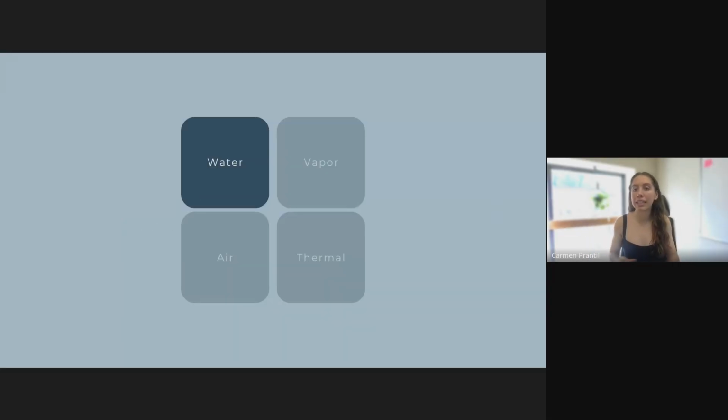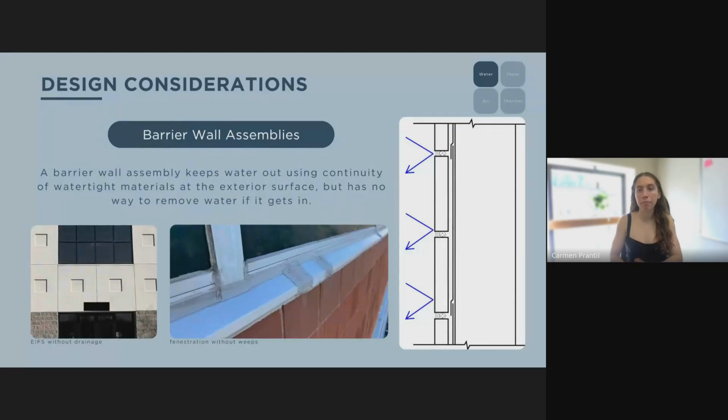So we'll go back and dive a bit deeper into each barrier, and we'll start with the water barrier. There are two types of exterior walls that you can design. The first is a barrier wall system. This relies on continuity of watertight materials at the exterior surface of your exterior wall, and this is essentially a single line of defense.